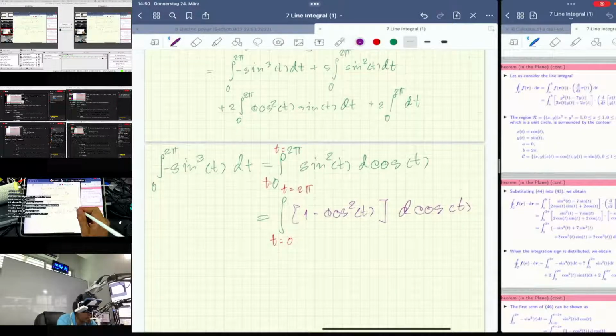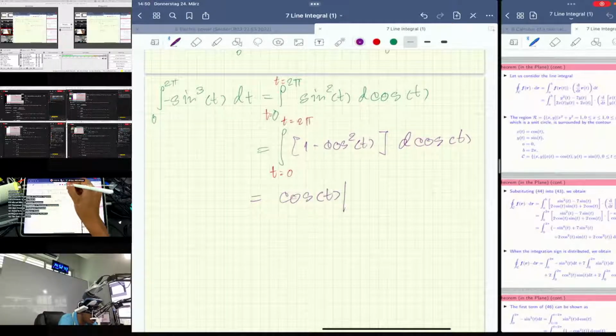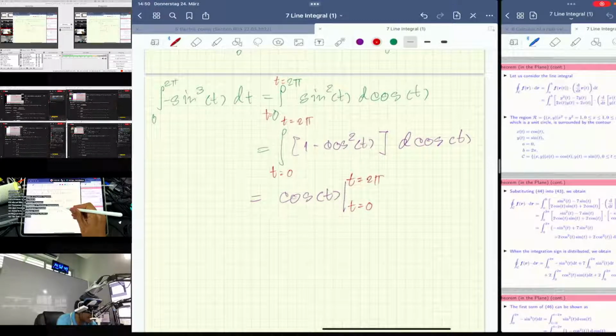And of course, you can end up with cosine t, once your t is 0 and here is 2 pi. And the next one is negative 1 by 3 cosine with power of 3 of t here. And t from 0, t from 2 pi.